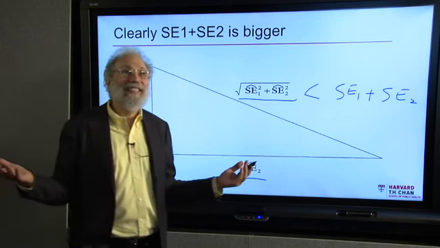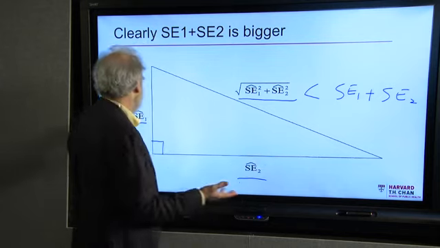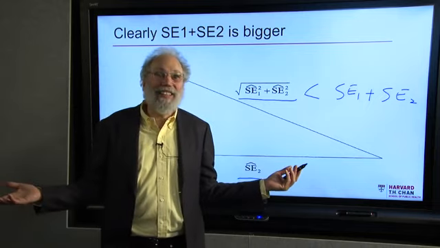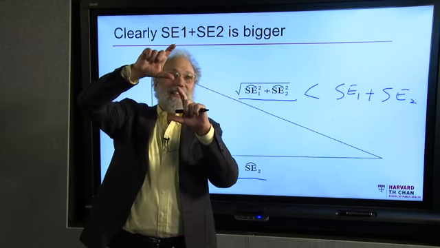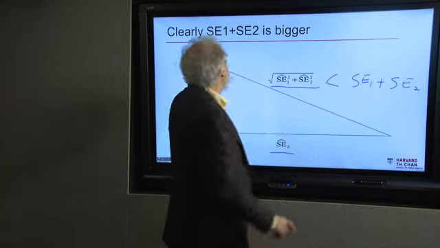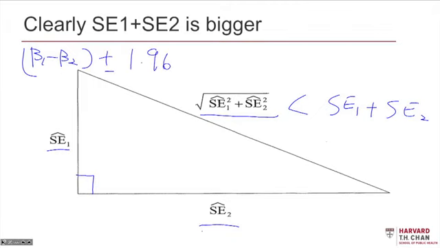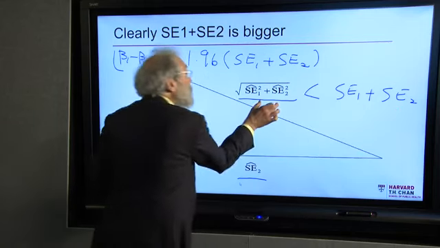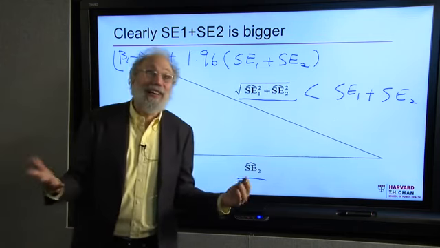And so saying the confidence intervals of the two estimates, which is just plus or minus 2 times these standard errors, don't overlap, is saying that you want a confidence interval equal to beta 1 minus beta 2 plus or minus 1.96 times SE1 plus SE2, which is bigger than the right one. And so no, that's the wrong answer.